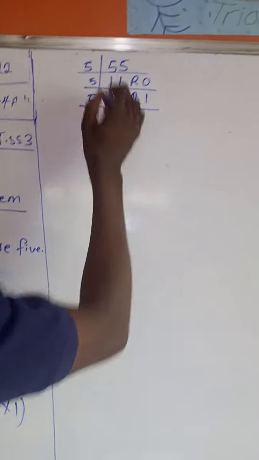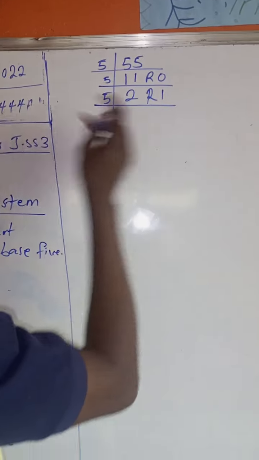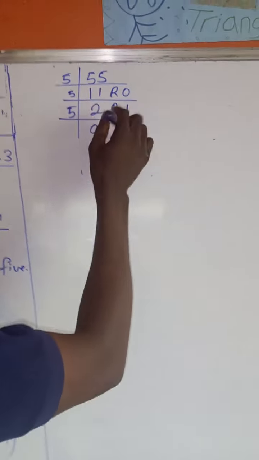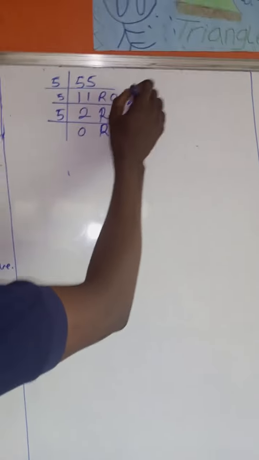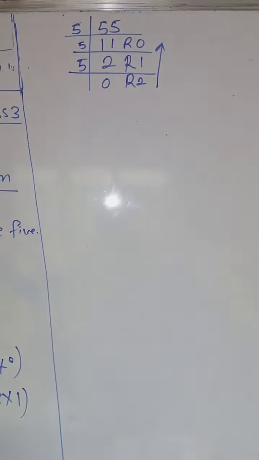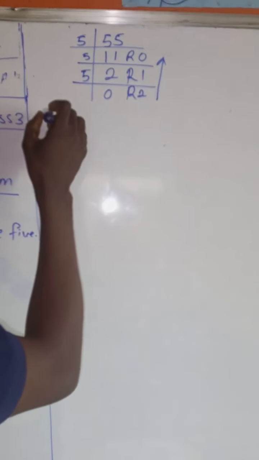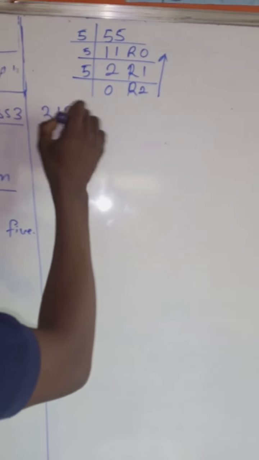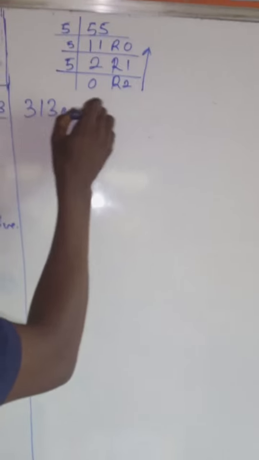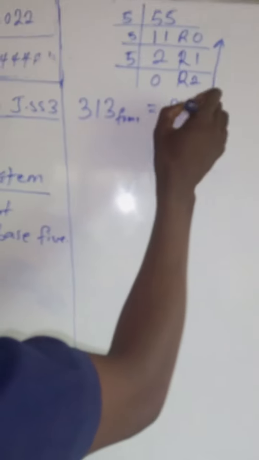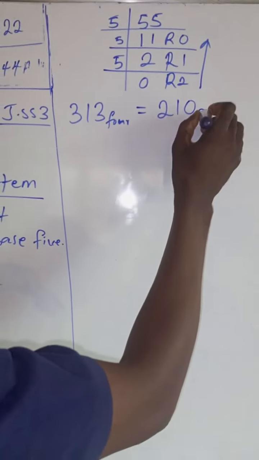Then 5 in 2 is impossible, so we write whatever is here down. So we read it upward. When we read it upward, we are going to have 313 base 4 is equal to 210 base 5.